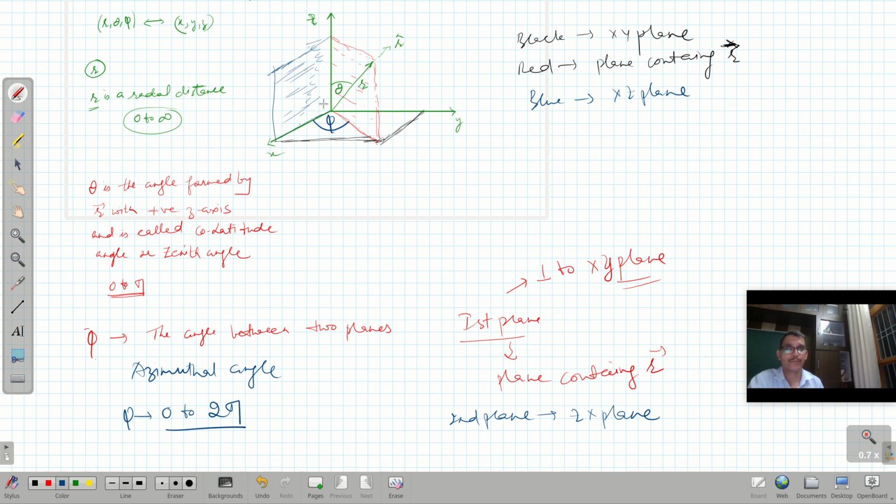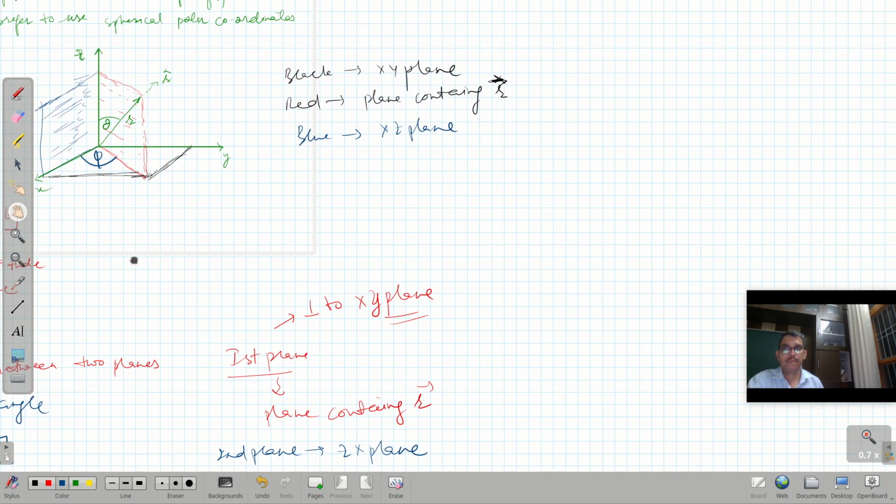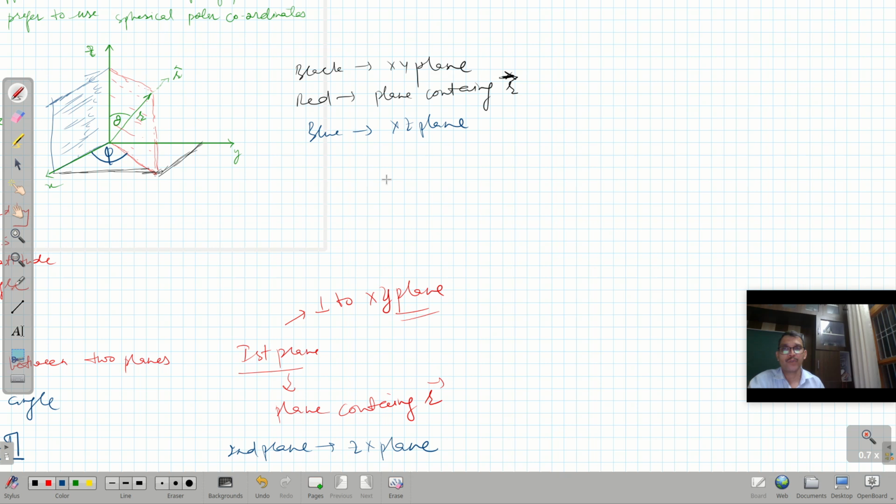So let us try to draw now what we call a sphere, that is, how a sphere is formed. Suppose this is our Cartesian coordinate system. Let me draw it first of all.